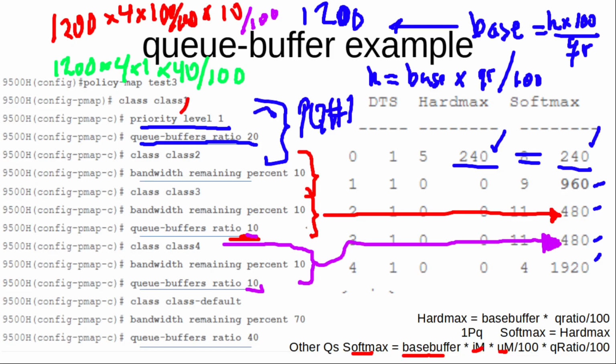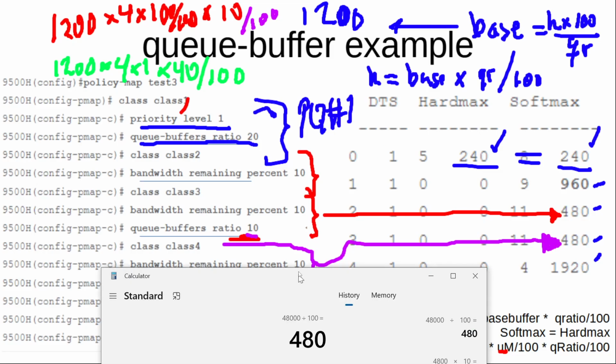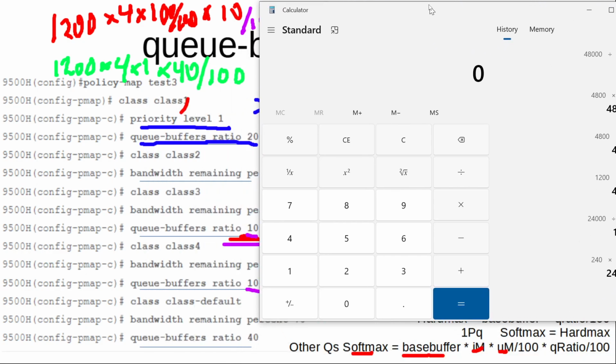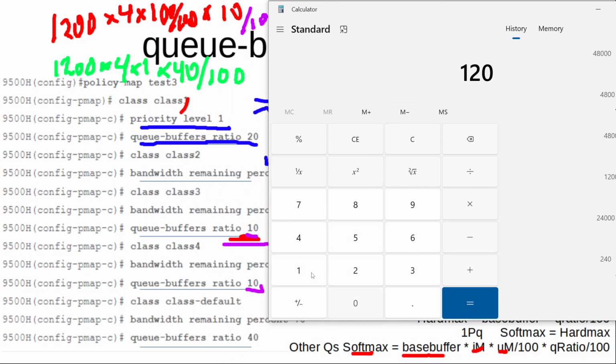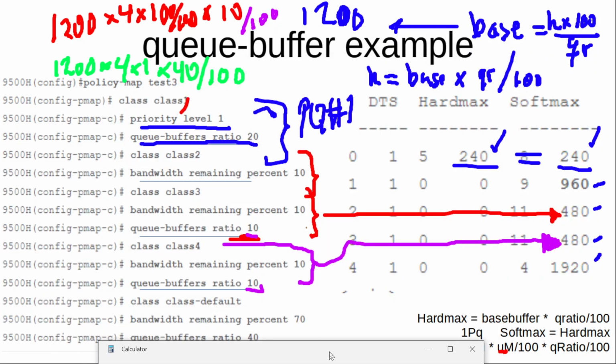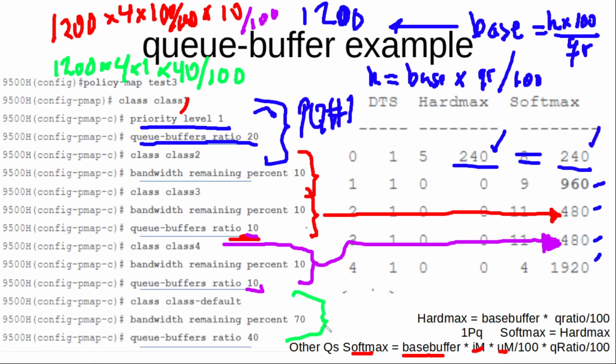Let's calculate that. We multiply by 4, then by 1, which is the user multiplier. Remember that you can change this user multiplier. Then we multiply by 40 and divide by 100, and the result is 1920. So this is the actual value that we have here, 1920.